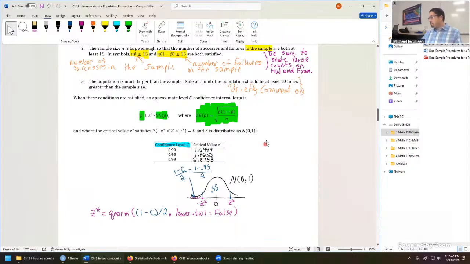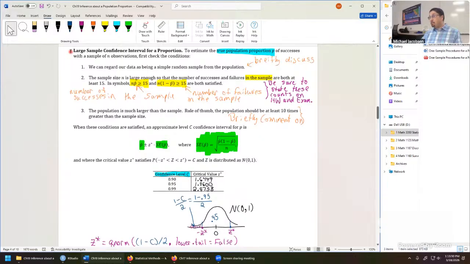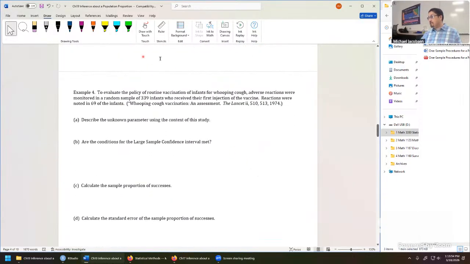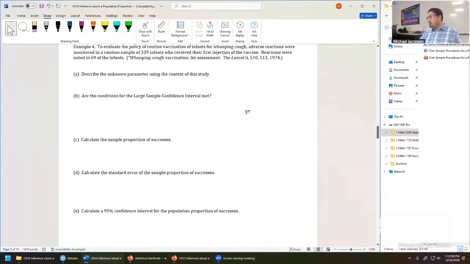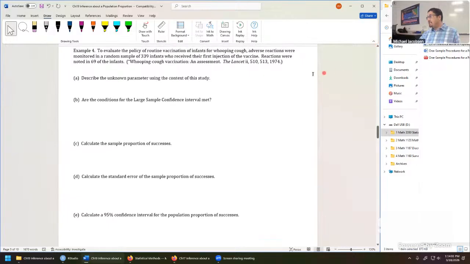So here's a fast problem where the large sample confidence interval is effective. This is some pretty old historical data. And this was a big deal back in the day of 1974, rather, when the whooping cough vaccine was starting to be developed and assessed in large populations. There's a lot of distrust on this, so people were doing studies on the safety and efficacy of the whooping cough vaccine.